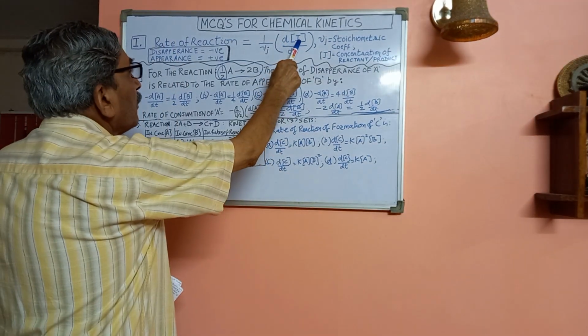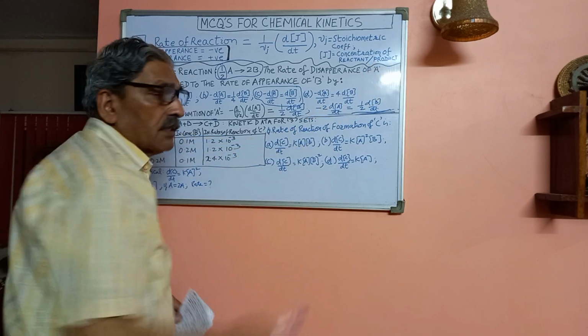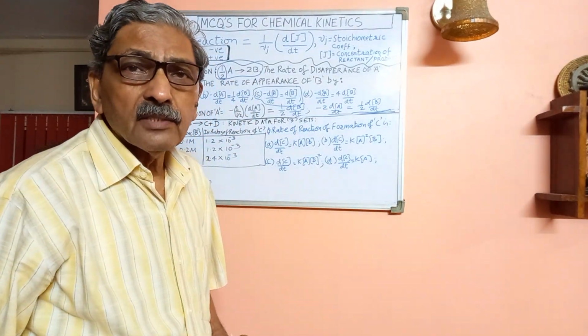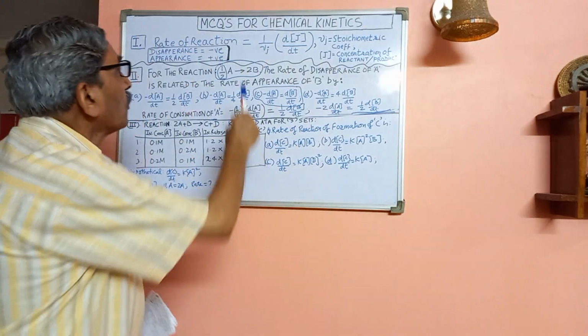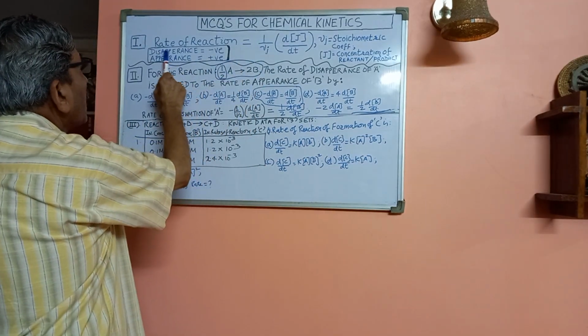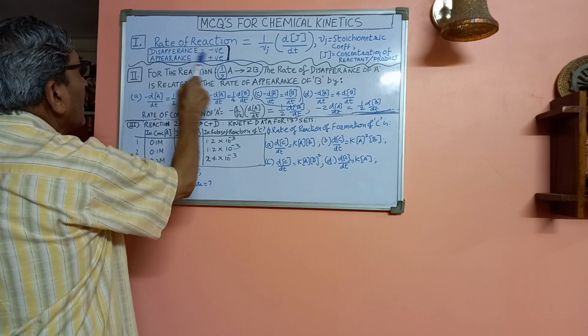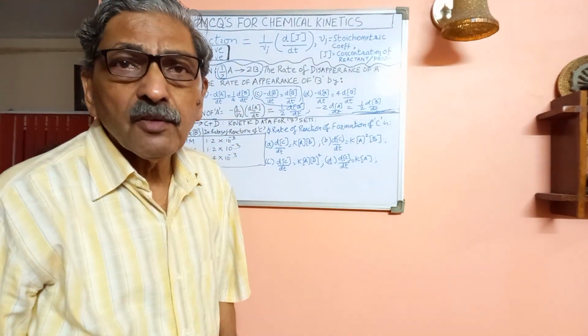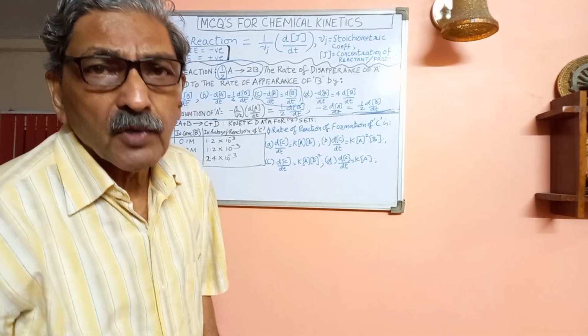Whereas if J were the concentration of the product, then as the time goes on, the product concentration increases, and therefore there will be a positive sign. So disappearance, there will be a negative sign; appearance, there will be a positive sign. Now with this brief introduction, let's take up the first question.